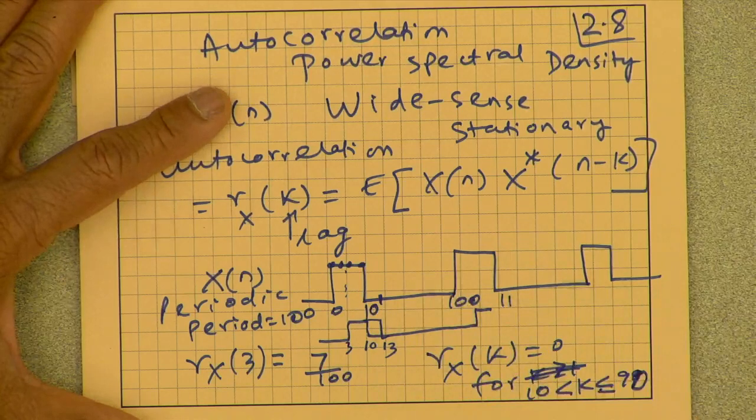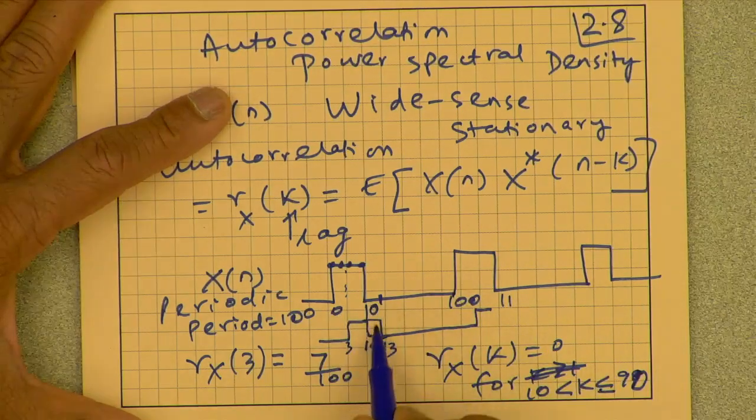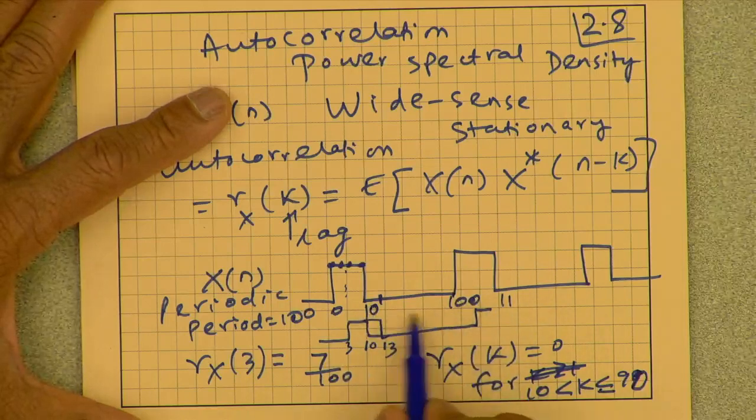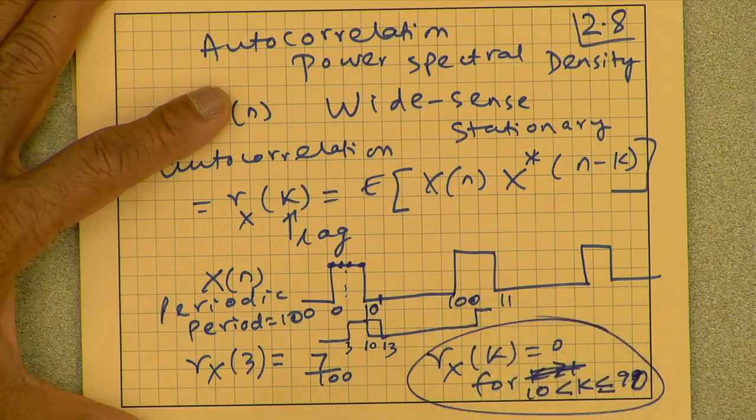If I shift this by 10, this one comes right after 10 and then becomes 0. So for these 80 terms, it will be 0.